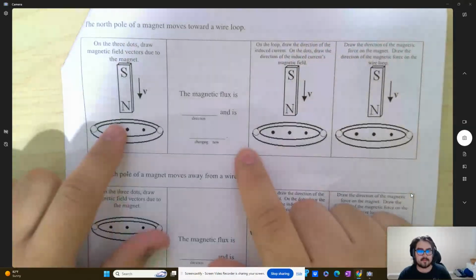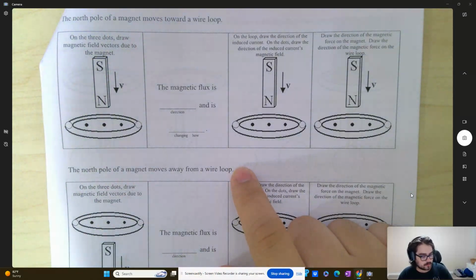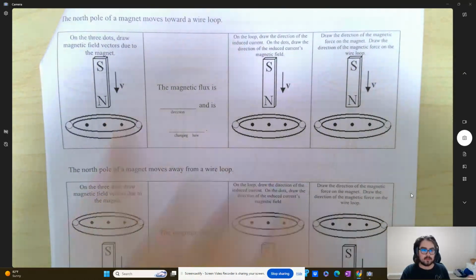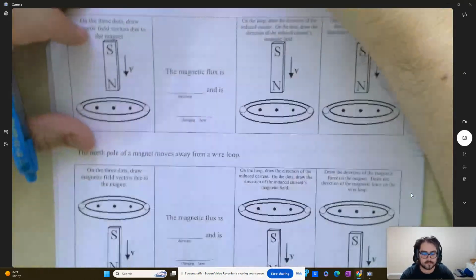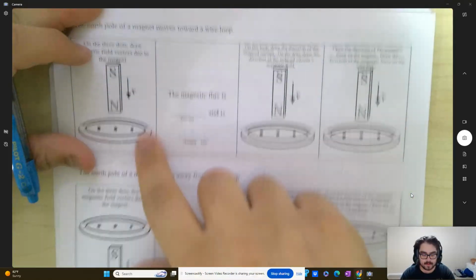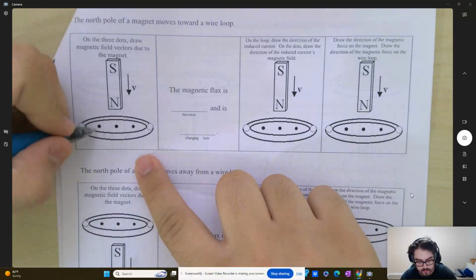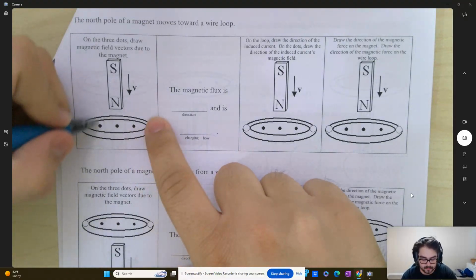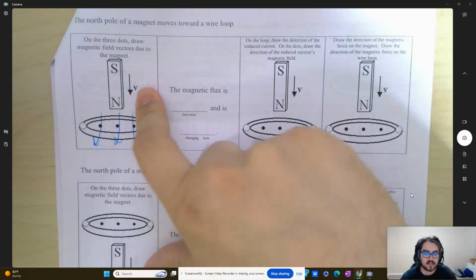The north pole of a magnet moves towards a wire loop. You should know that if we're talking about the north pole of the magnet, then the magnetic field produced by the magnet goes away from the north pole, right? So through the loop, these magnetic field lines are going to point down, and the velocity is moving towards it.